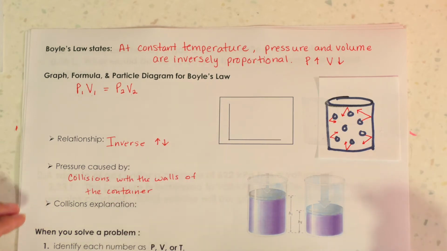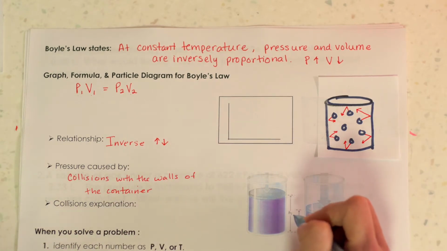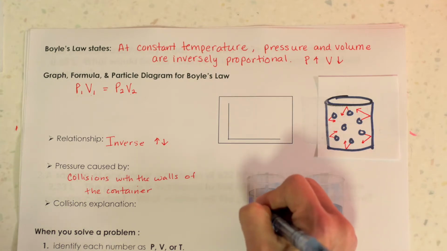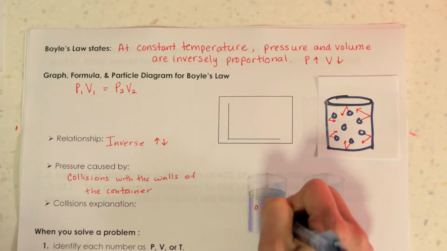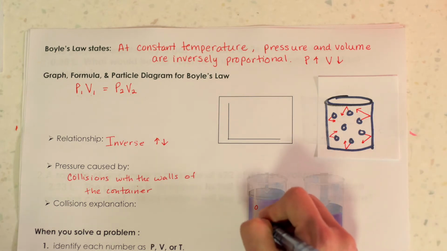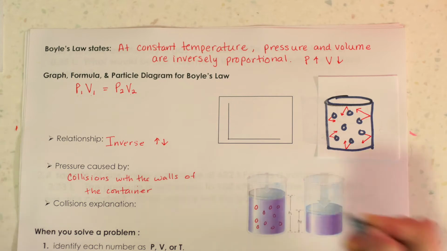Okay, and so what we're going to show here: let's say I've got, and again, you're going to have more than this. These particles are not going to be this big. This is just a picture example. So let's draw about 10 particles in here.